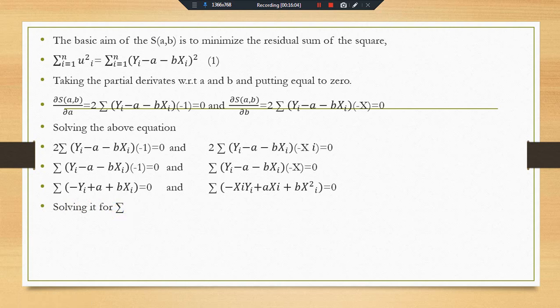So see here, if you multiply the whole series with the summation, then we take the minus xi to the other side of the equal sign, and it will become a plus, summation xi equals na. When you are multiplying a constant with summation, we normally write it in the form of n, the number of observations.